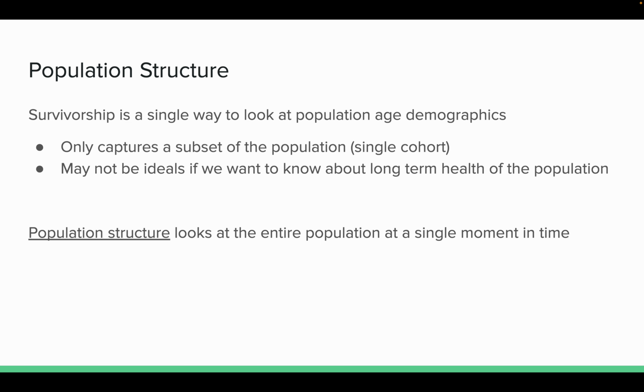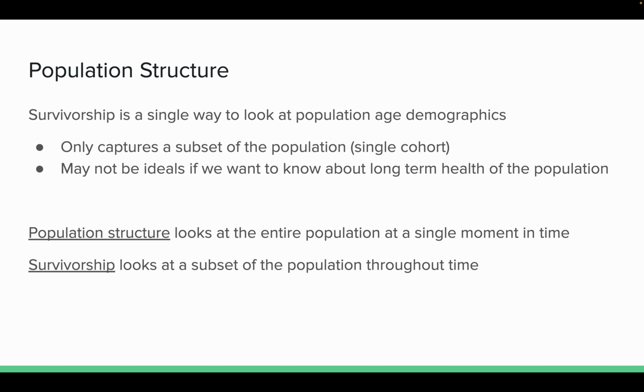So, on the other hand, population structure looks at the entire population at a single moment in time, as compared to survivorship, which looks at a subset of the population throughout time. So there's a very subtle difference there, but it is quite critical just to understand what that difference is.